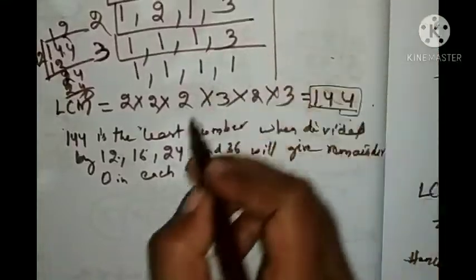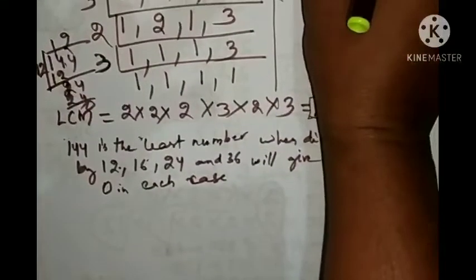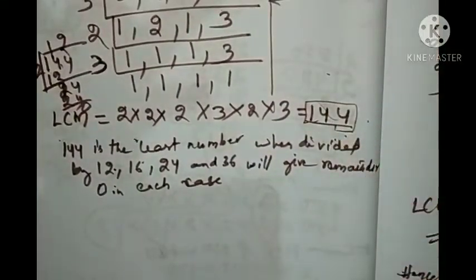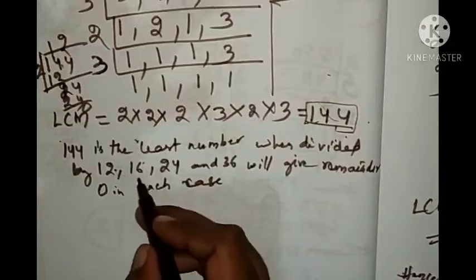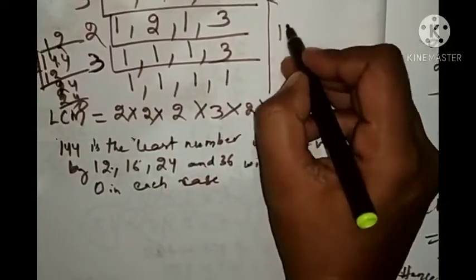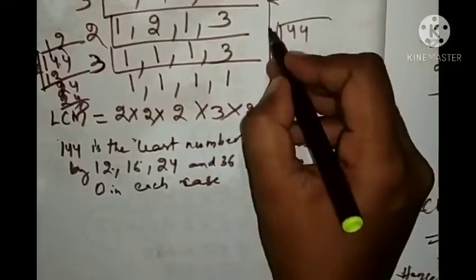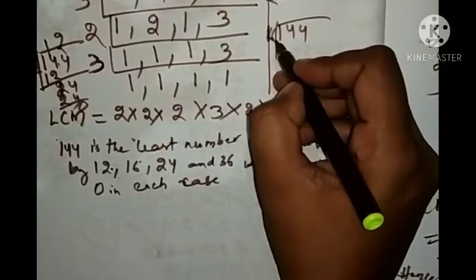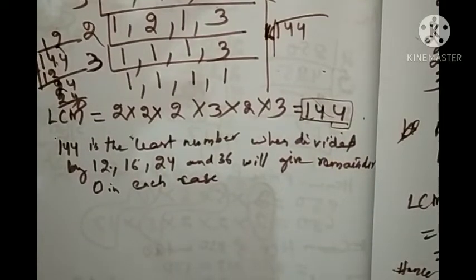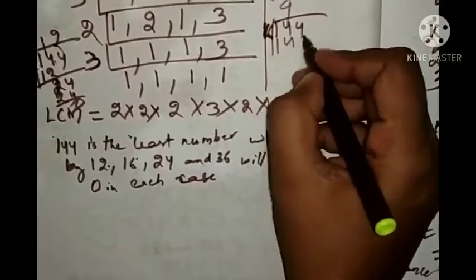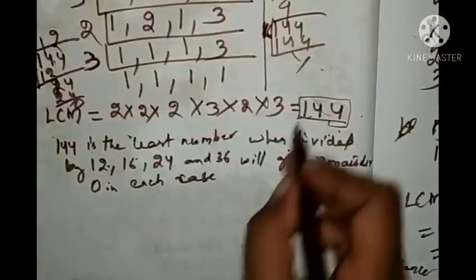No need to check when you are doing it; you can check in the rough work. Next is 16. 16 nines are 144, you got remainder 0.